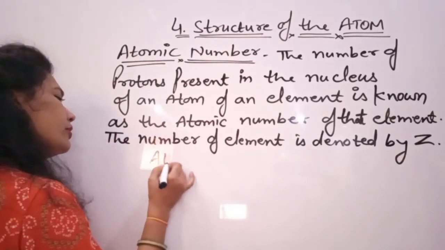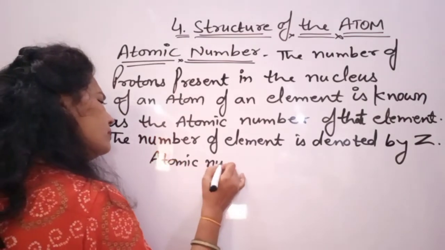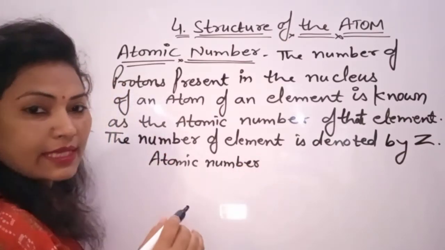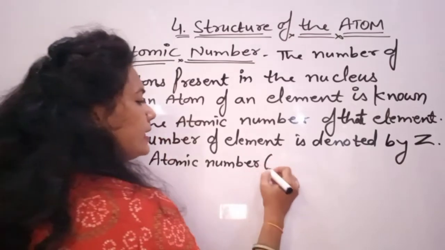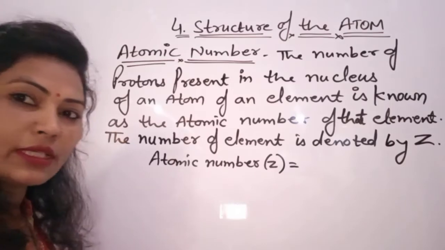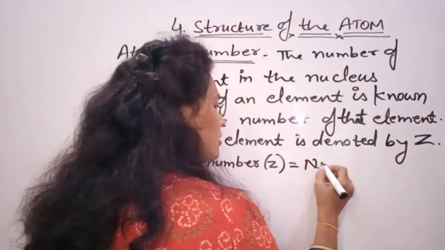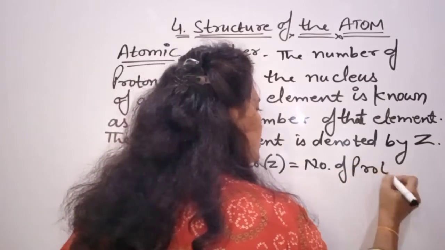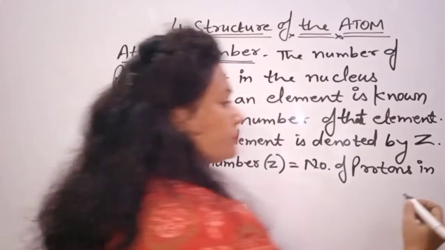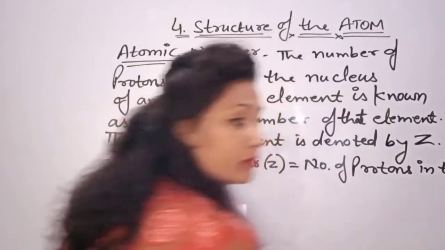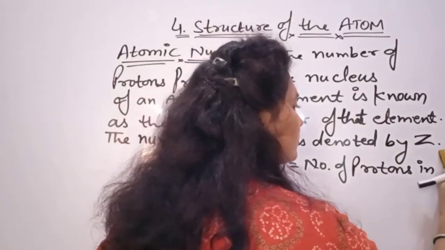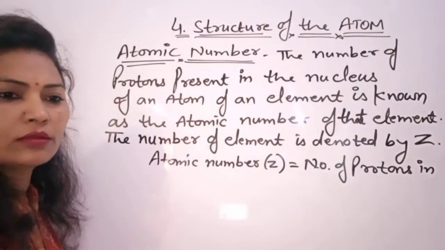Now you can write the formula. Atomic number is denoted by Z. So you can write the letter Z equals the number of protons in the nucleus.